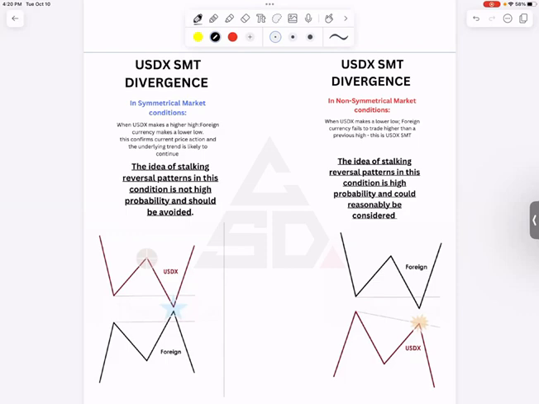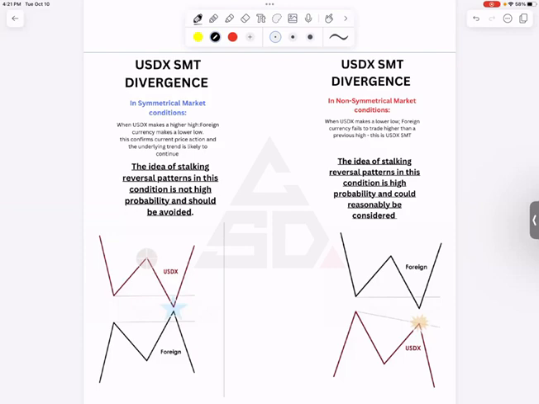In a symmetrical market condition, you will find that the United States dollar versus the foreign pairs are moving in confluence with each other. What I mean by confluence, they're not moving in the same direction. They're moving in the opposing direction. Like we say, if DXY is going up, then the foreign pairs are going down. If the foreign pairs are going down, then essentially DXY is going up.